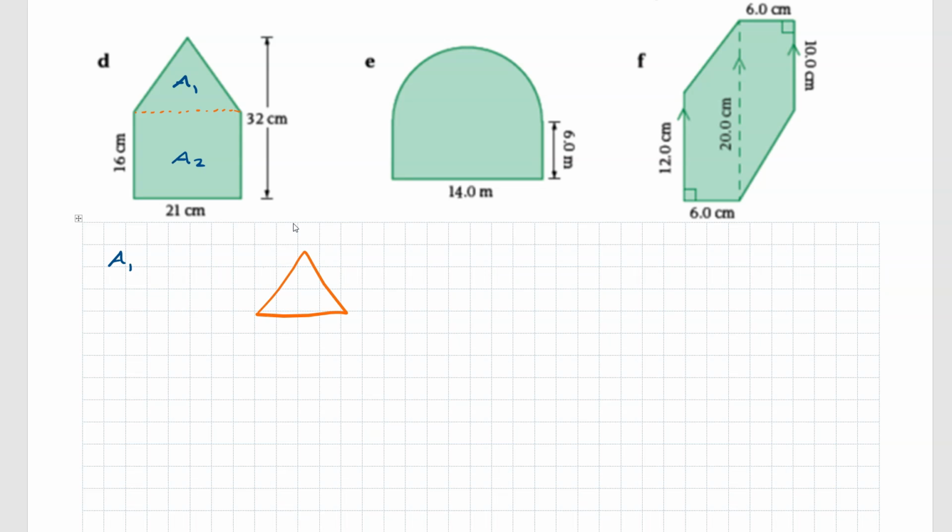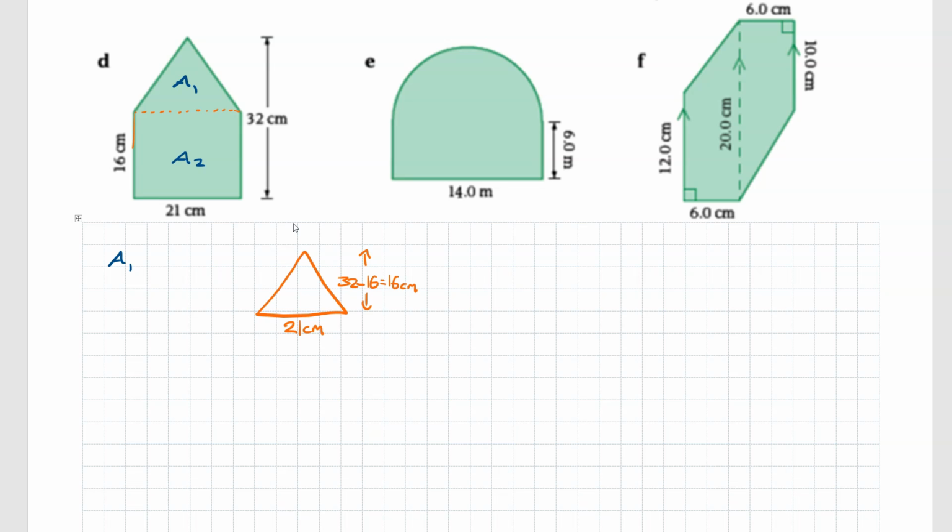This triangle here, the side length here is going to be 21 centimeters, and the height of the triangle is simply going to be 32 take 16, in which case it will also equal 16 centimeters. How do I know that?